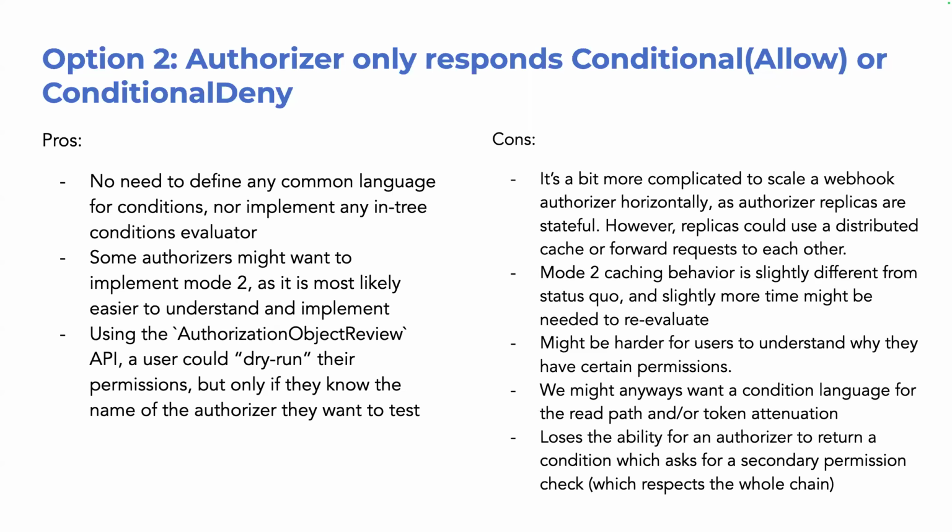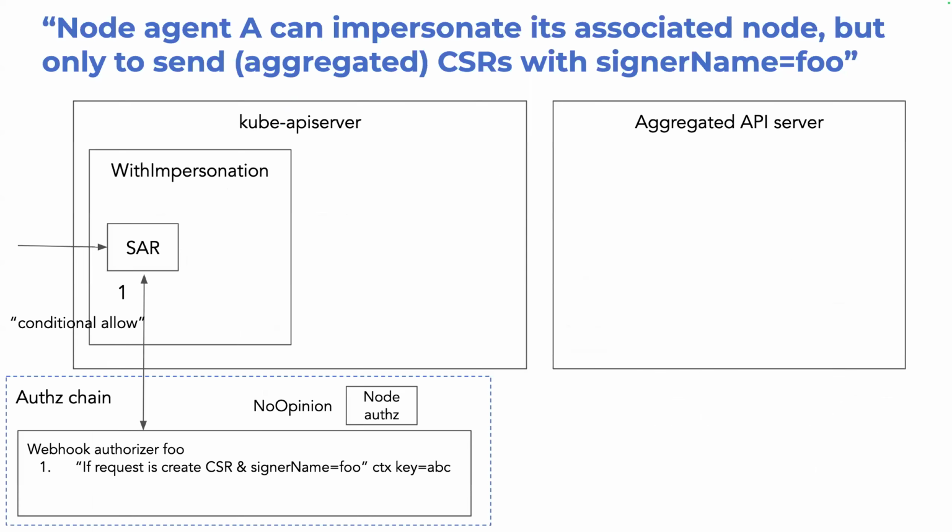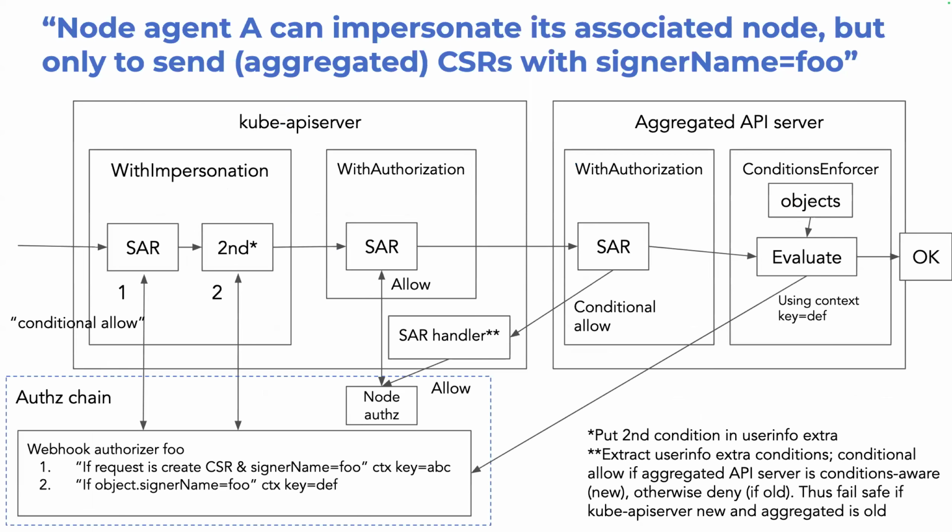It would not try to tie the first conditional allow with the actual allow or deny. It would just say, okay, I said moments ago that it was conditionally allowed or whatever. Now I'm going to figure out what I think right now. So there wouldn't be any need for that kind of state propagation.